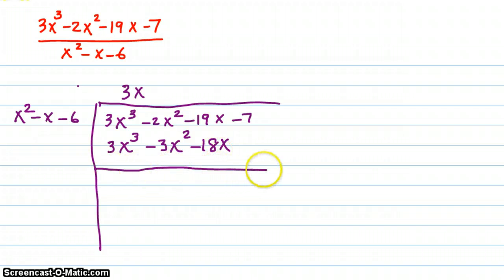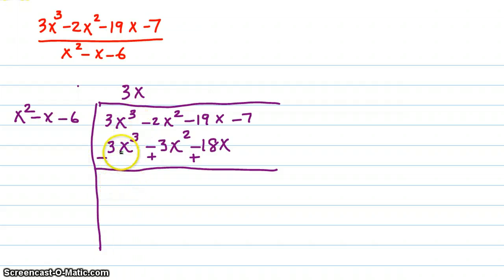And just like you did in arithmetical long division, I need to subtract these terms from the terms here. To make sure I'm subtracting, I'm going to change the signs here. So this would be minus, plus, plus. Now I can add. Since I changed the signs, that's equivalent to subtracting.